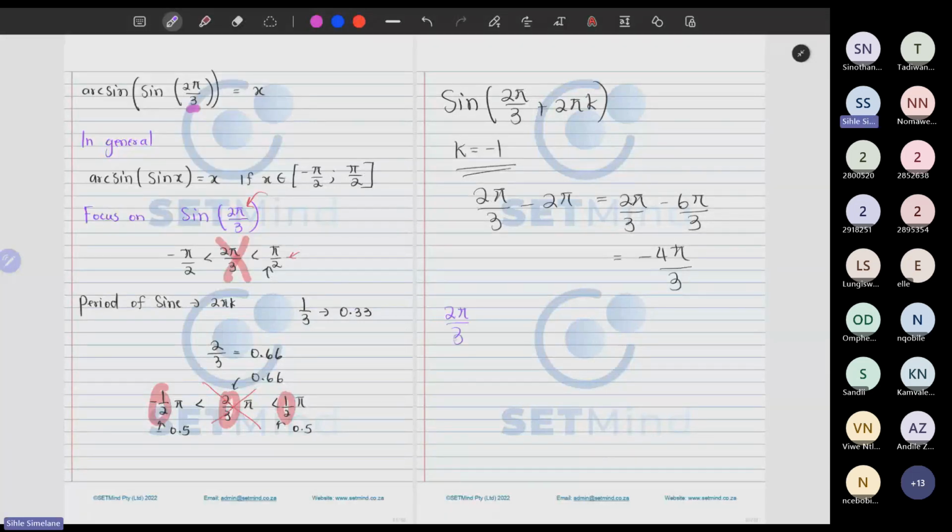2 pi over 3. How can we reduce this? Anyone?